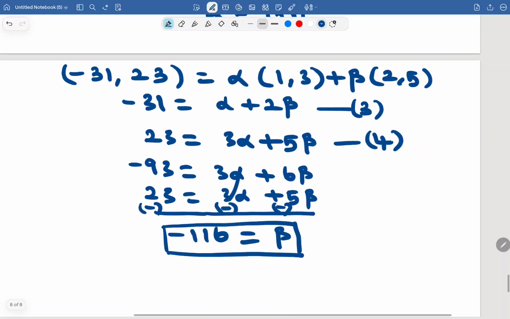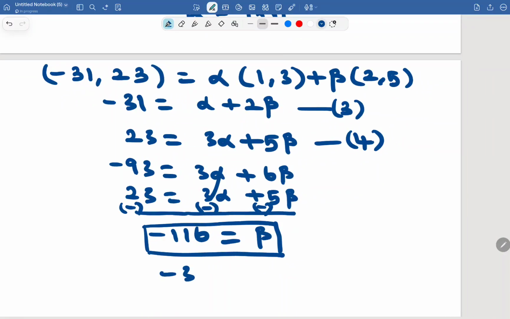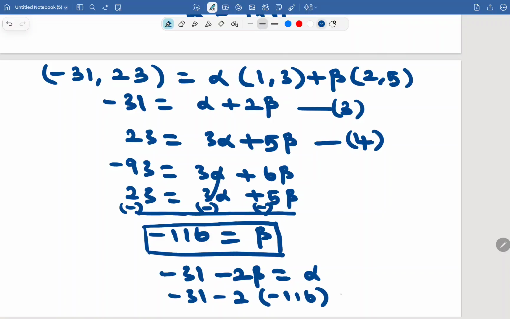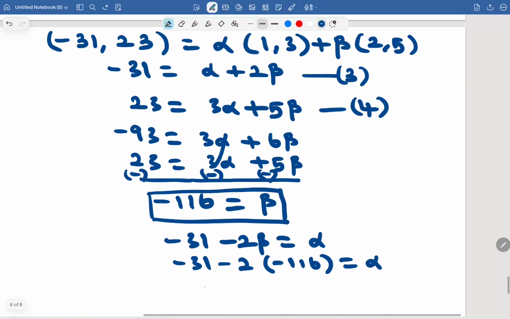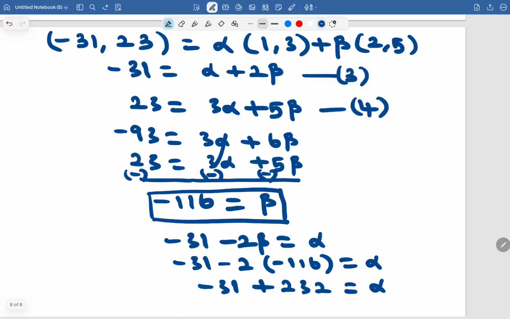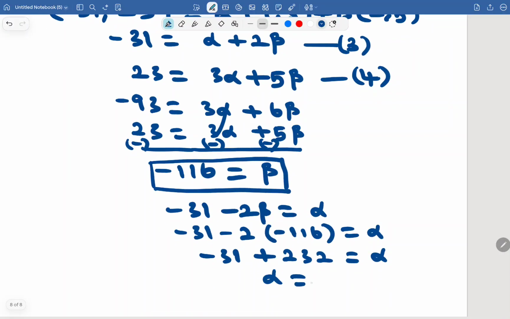Now find the value for alpha. -31 minus 2 beta is equivalent to alpha, so -31 minus 2 times -116 is equivalent to alpha. -31 plus 232 is equivalent to alpha, so alpha equals 201.